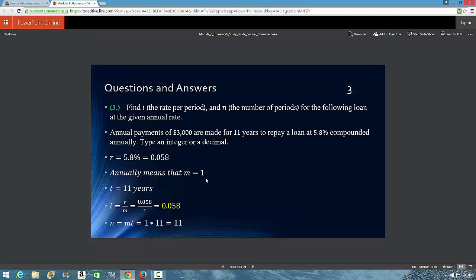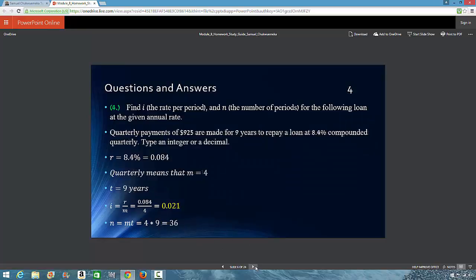Annually means that M is 1. You follow the same formulas to get the answer. Question 4 is quarterly payments compounded quarterly, similar to question 1. You follow the same formula.